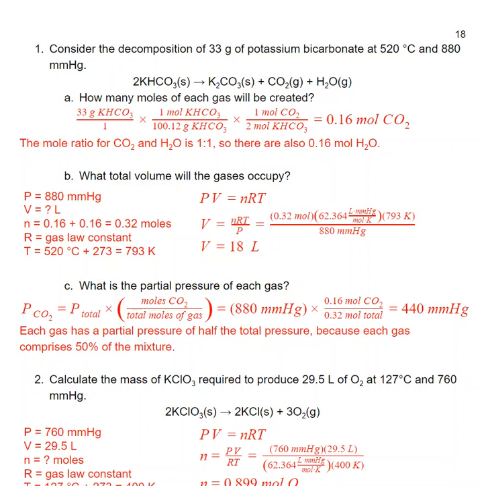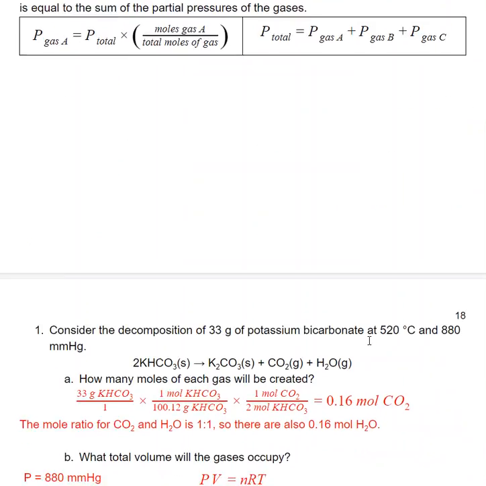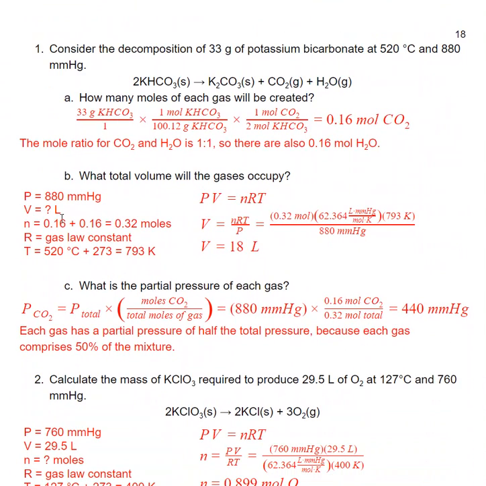So what volume are they going to occupy? So in the ideal gas equation here, we are looking for V. So my pressure was 800 millimeters of mercury. This means that I want to make sure I choose the correct R value that has those units in it. I'm looking for volume.